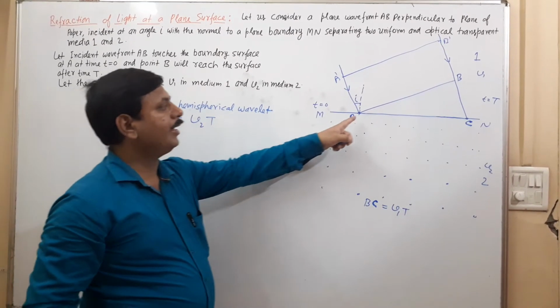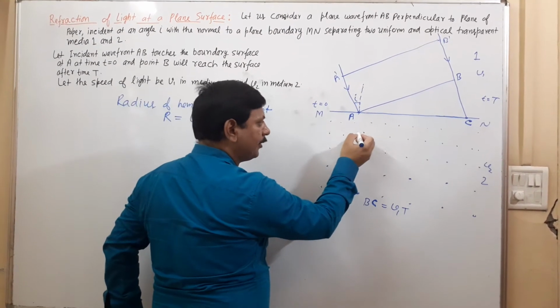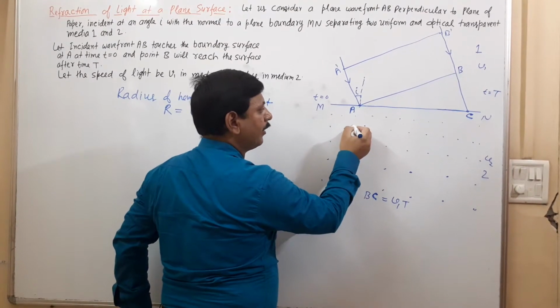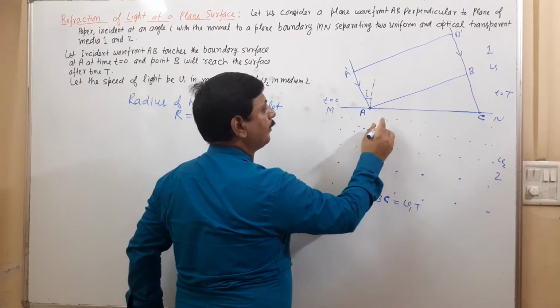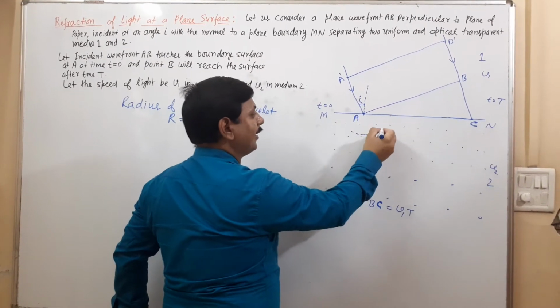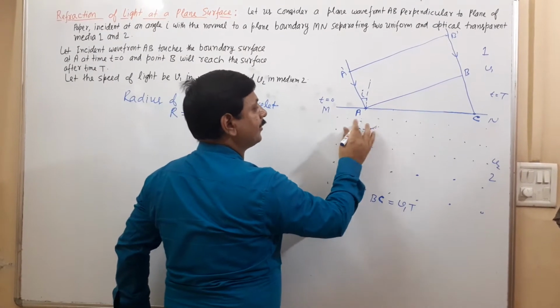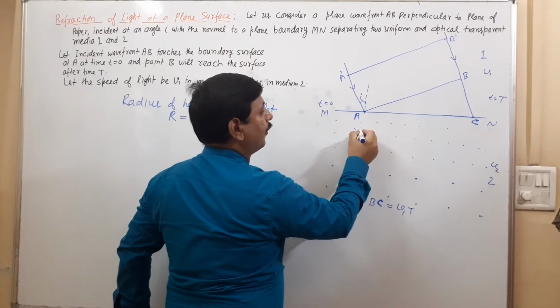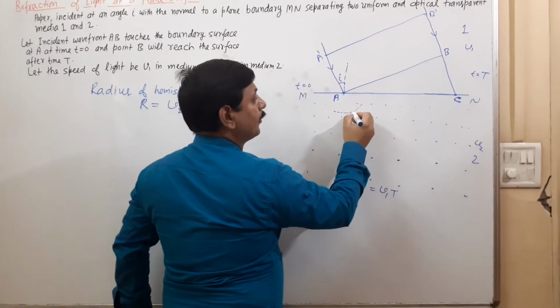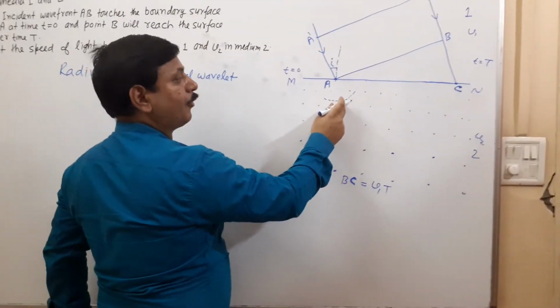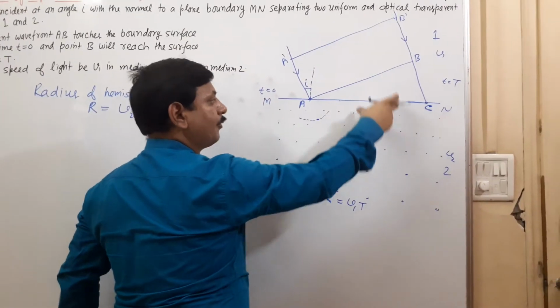So if we draw the hemispherical wavelets, here I am drawing them. Suppose I have drawn one like that, it will be a hemispherical wavelet of radius V2t, touching the surface from here to here.